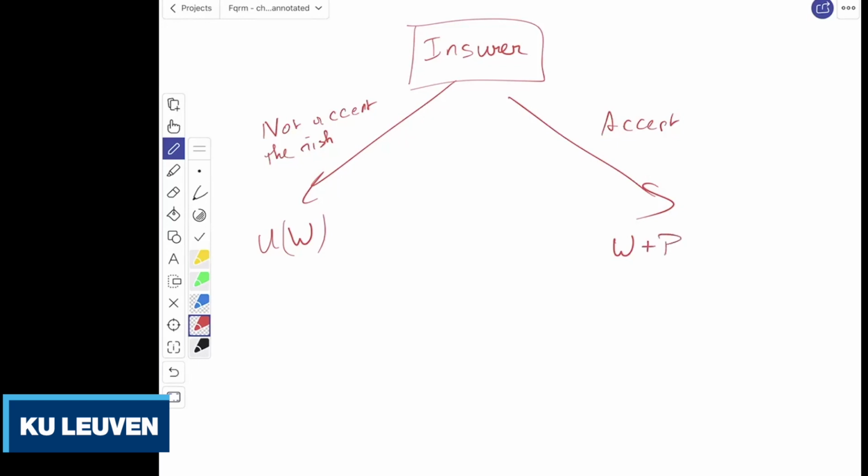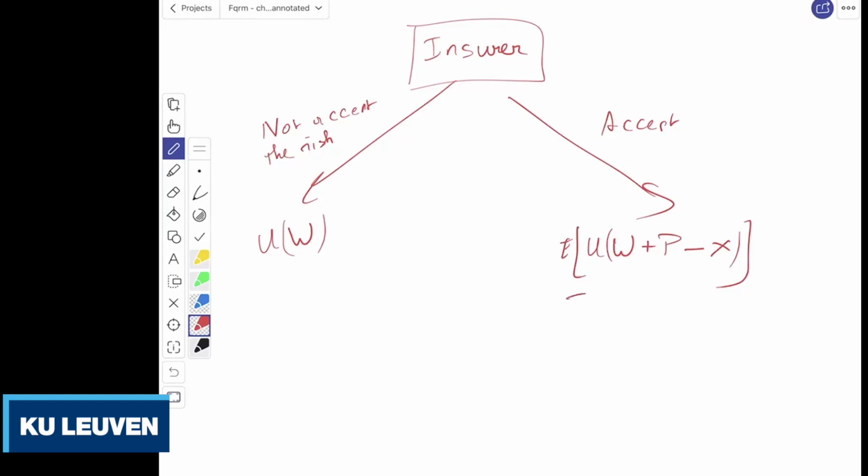So your capital will increase because you receive the premium, but now you have to pay the loss X, so you have to subtract X. So your capital goes up because of the premium, it goes down because of the risk. So this W plus P minus X will be your fortune after you receive the premium and suffer the loss X. The corresponding utility is then this, and we take expectations because now we have a random utility.